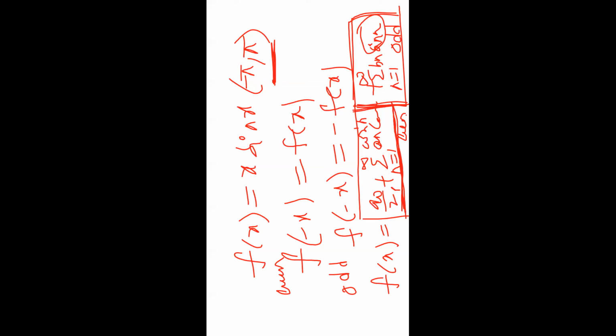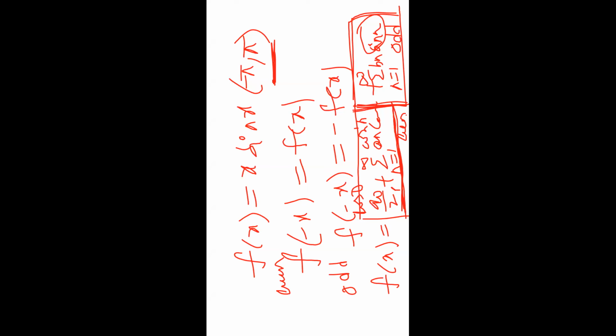Sine is the best example of the odd function, and cos is the best example of the even function. In the first term, there is no sine or cos, so we have to write cos 0. So 1, cos 0, 1 into a naught by 2, a naught by 2 value does not change.